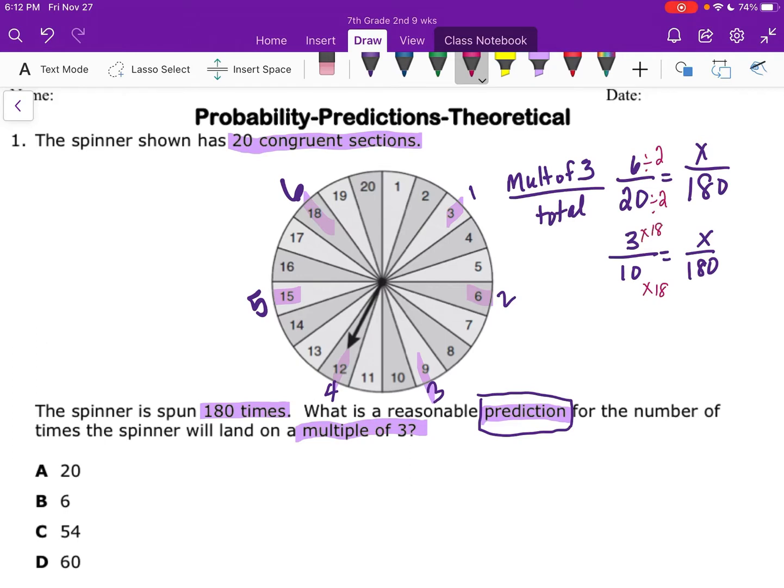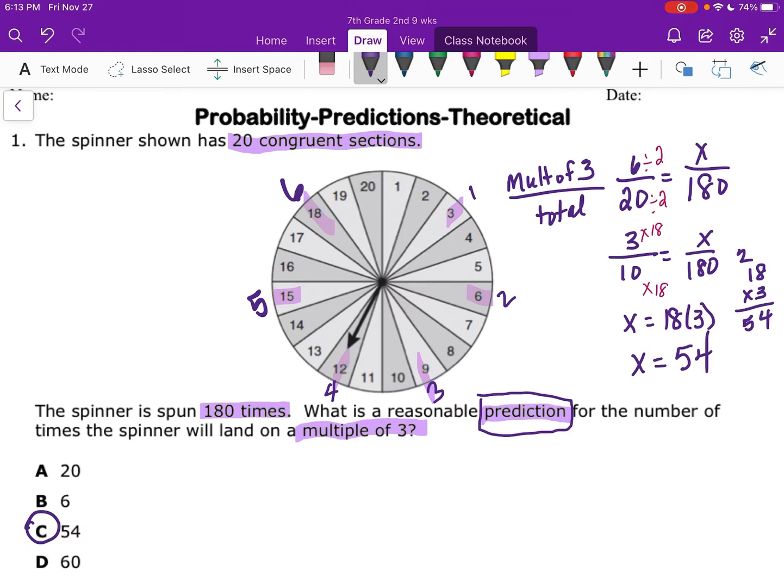Or you can cross multiply to get your answer. Since that constant of proportionality was so easy, I'm just going to use that one. And so it should be about 54 times that we'll get a multiple of 3. And look at that. That would be C.